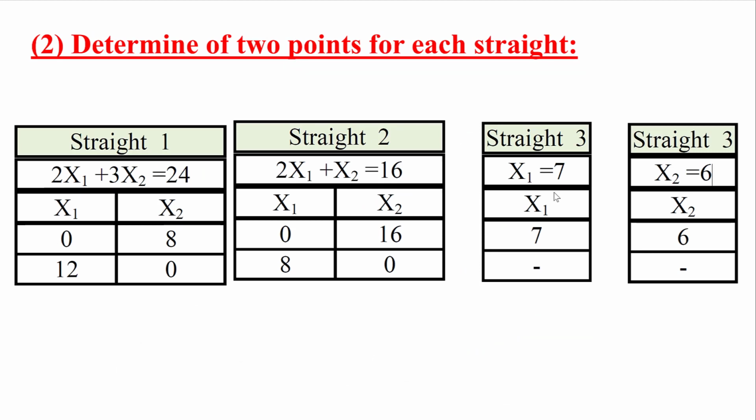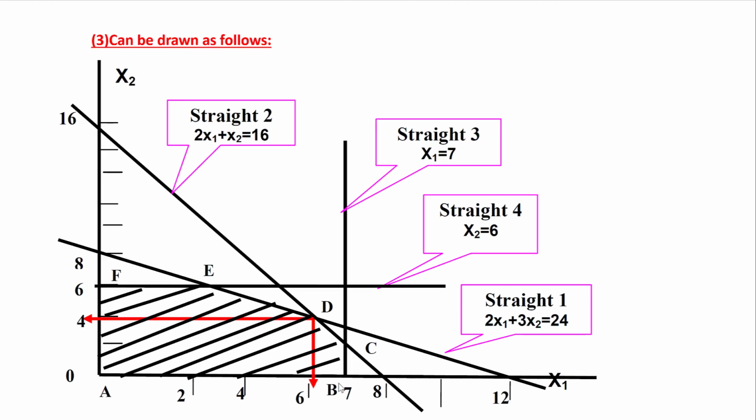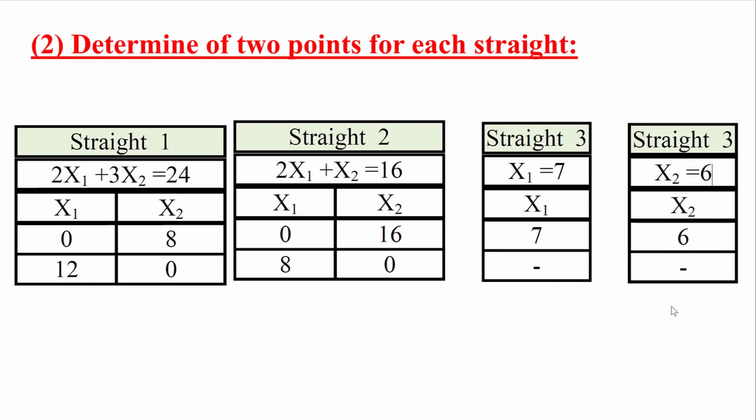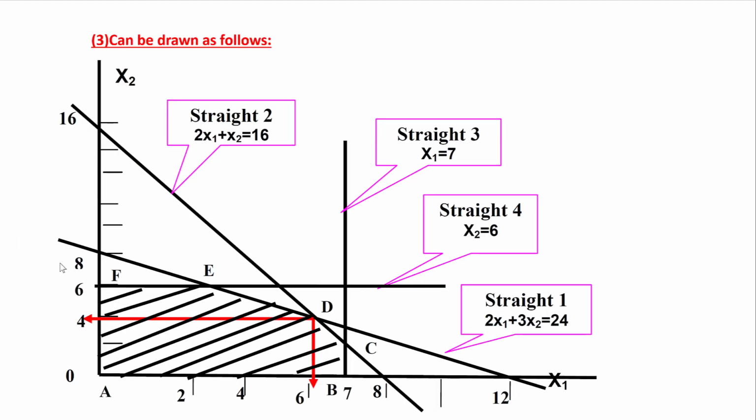Third constraint, x1 equals 7. Fourth constraint, x2 equals 6, so we mark 6 and draw this line. So we have drawn all the constraints.